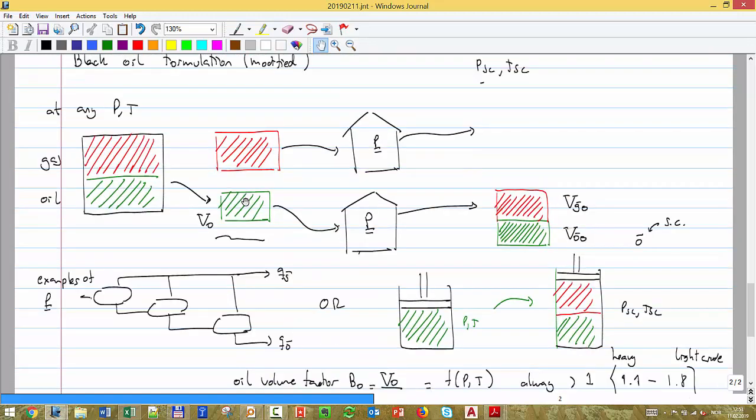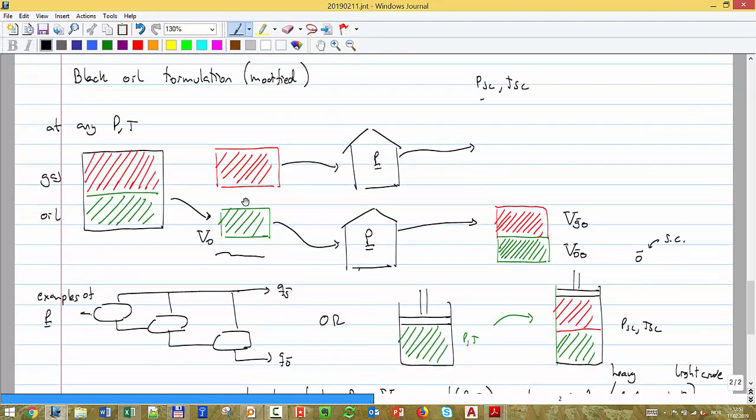Okay, with gas we get exactly something similar. We get gas from the gas, and we get oil from the gas.